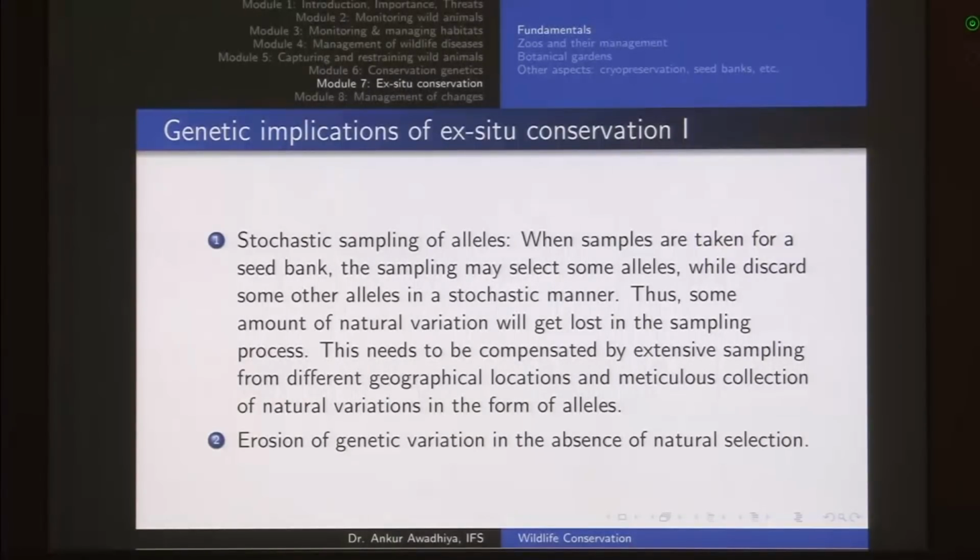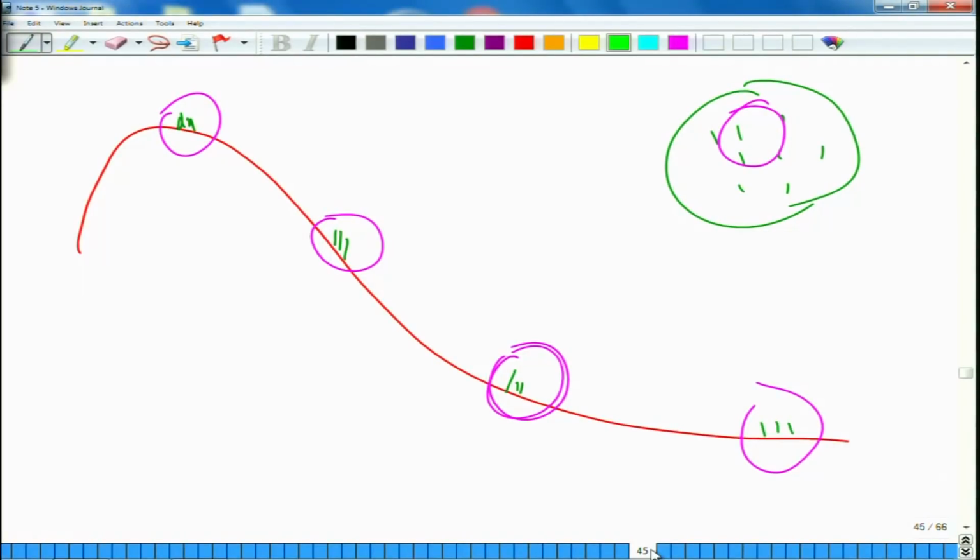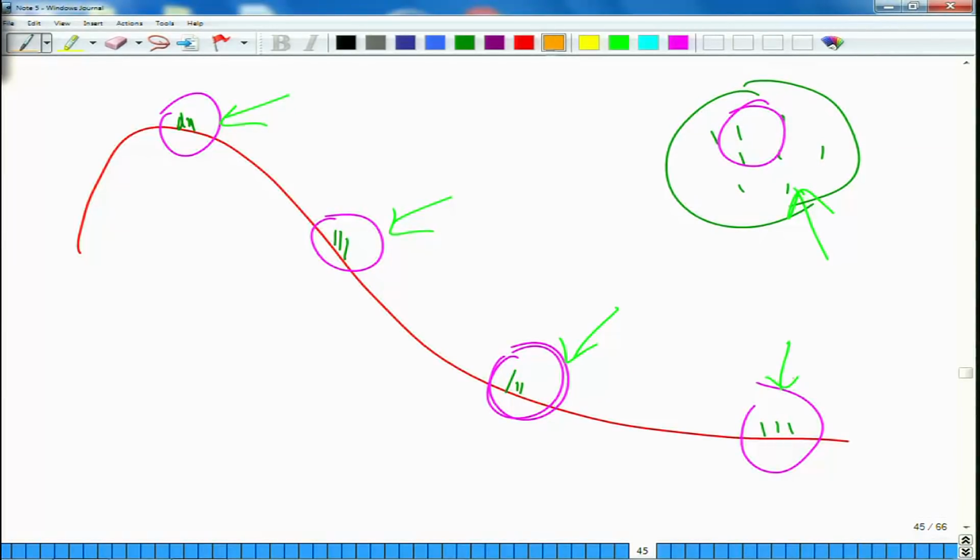Now what we are talking about here is that we were considering our species that grows in all of these areas: mountain tops, the slopes, the talus, the foothills, and also on some island. When we are selecting individuals, one, we need to select from all of these geographical locations, but secondly, it is possible that in the case of your foothills you have a much larger population as compared to what was there on the mountains.